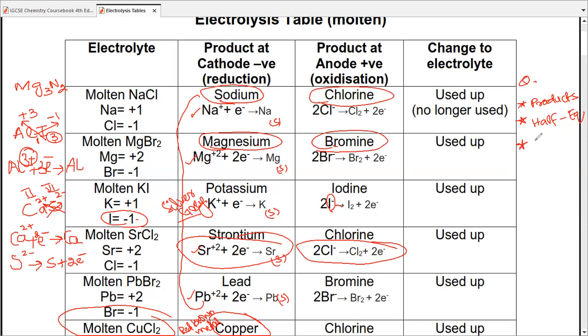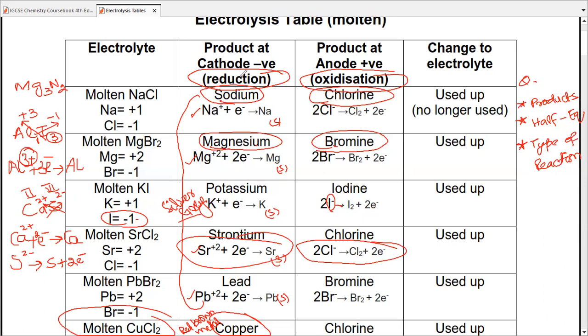Number three, type of reaction occurring. From type of reaction, they actually mean whether there is oxidation occurring on that specific electrode or reduction. Now, this is mentioned in the very top part of the table. And since this is fixed for every electrode, it shouldn't be a problem.